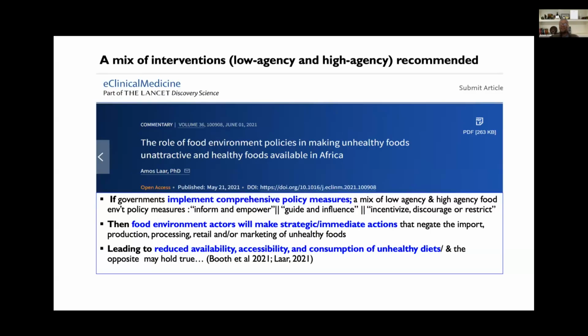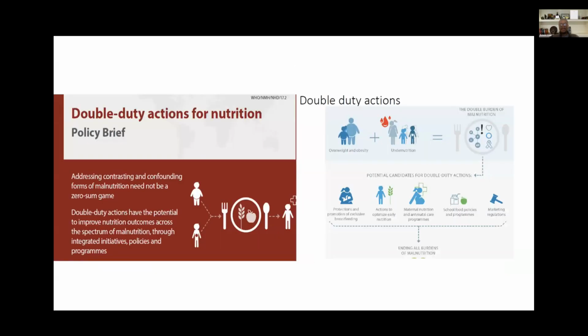And once that is done, we are confident that will lead to food environment actors making immediate or strategic actions that eventually would lead to reduced availability, reduced accessibility, and reduced consumption of unhealthy food.